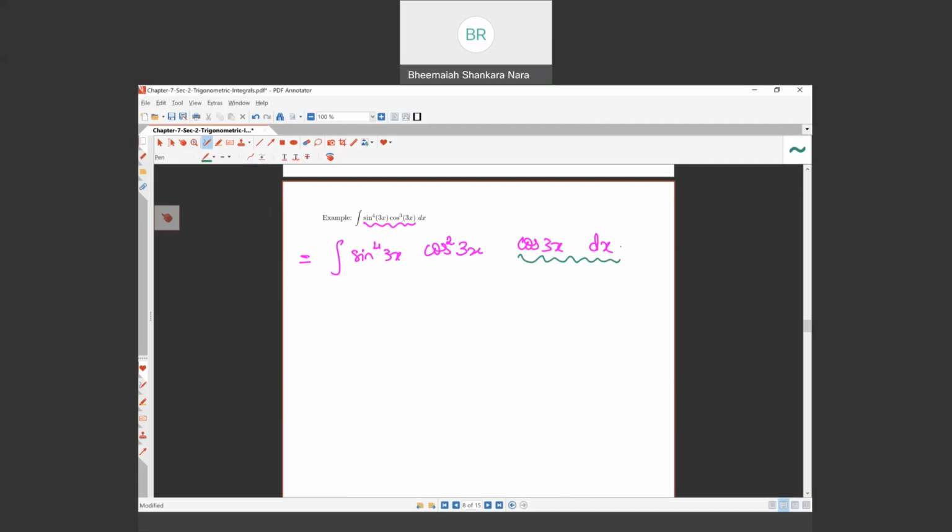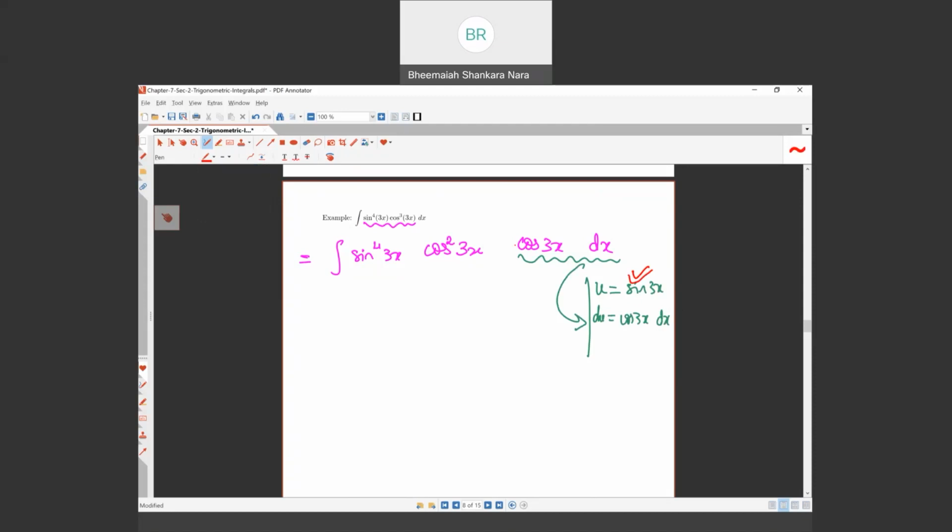If you want cosine 3x dx, the possible substitution is u equal to sine 3x. As soon as you differentiate sine 3x, you have cosine 3x dx. And you're seeing the term here. So the best substitution to evaluate this integral will be u equal to sine 3x, because you separated one cosine term.